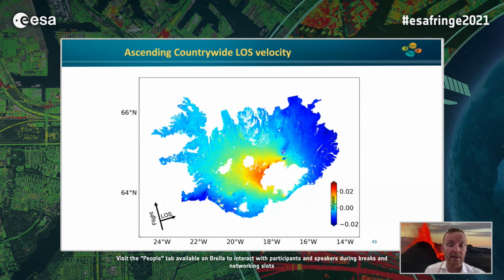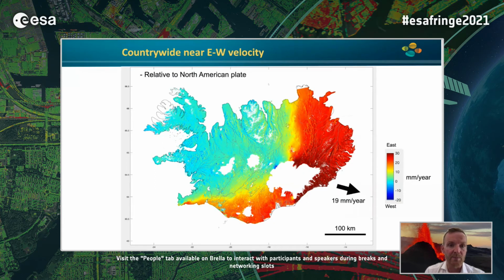Now you can then take these velocity maps and play around with, for example, east-west velocities, which are quite nice for East Iceland because the plate motion is mostly east-west. This is more or less in a North American reference frame. So you see the eastern part of the country moving away about 20 millimeters, or 2 centimeters per year, which is expected.